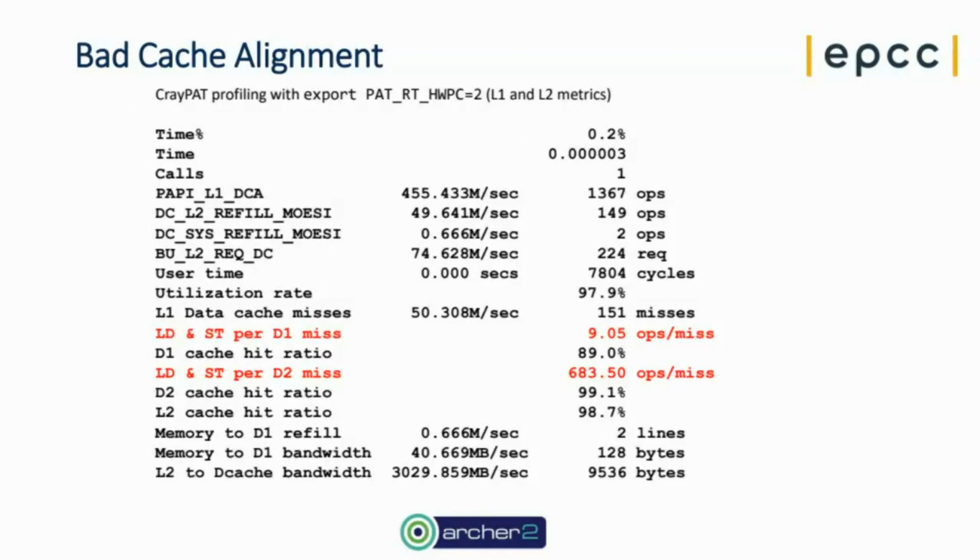Okay. So it's possible to see some of these problems with CrayPat's hardware counter profiling. For example, with one of the options, if we ask for the level 1 and level 2 metrics, you can see how many loads and stores you are doing per cache miss.